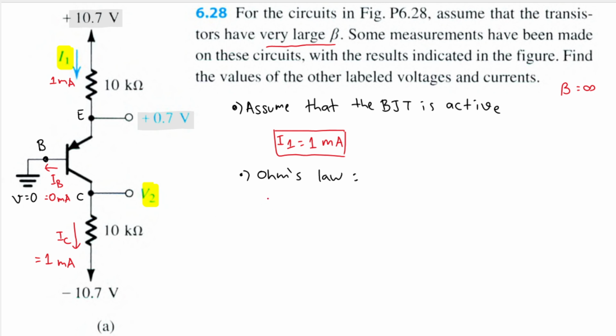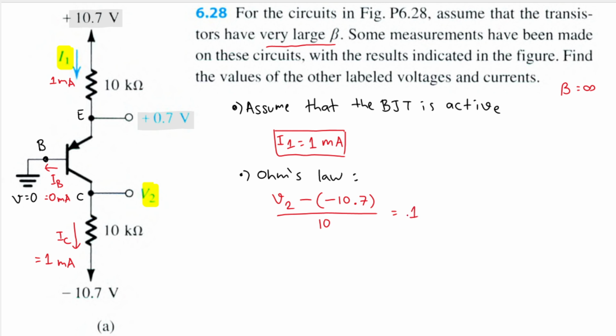We will have V2 minus 10.7, divided by the resistance between them, which is 10 kilo ohm, and all of that will equal 1 milliampere.